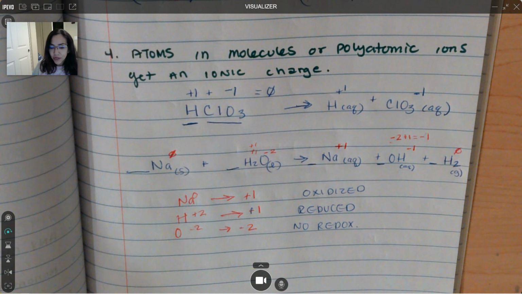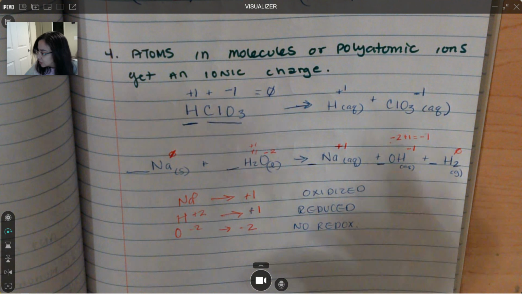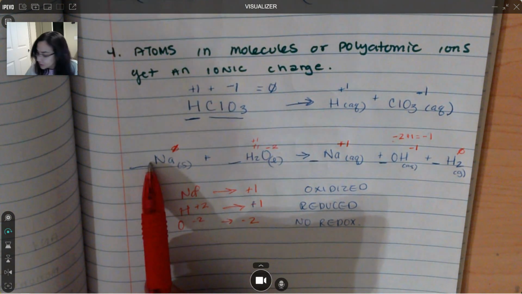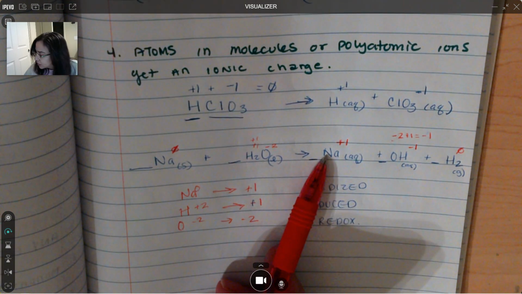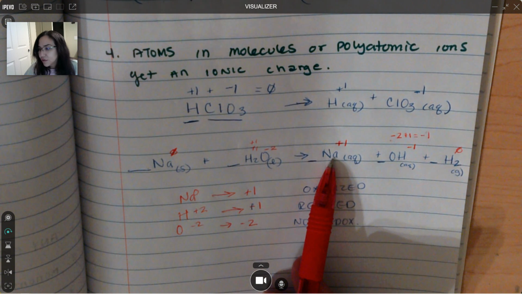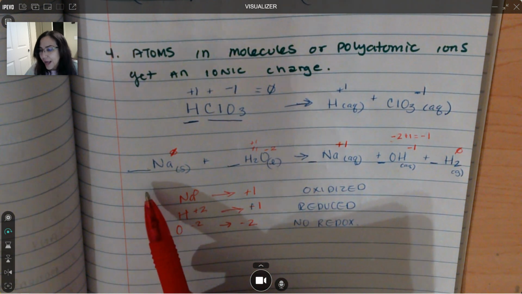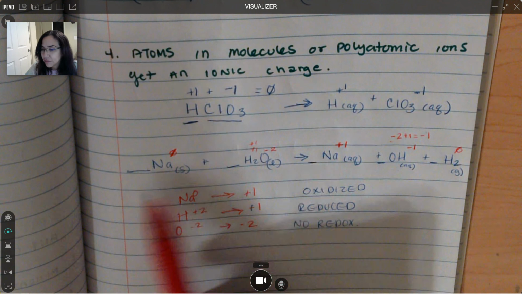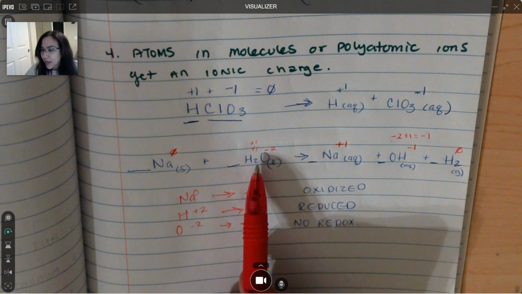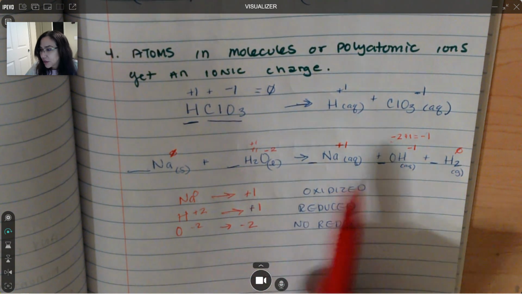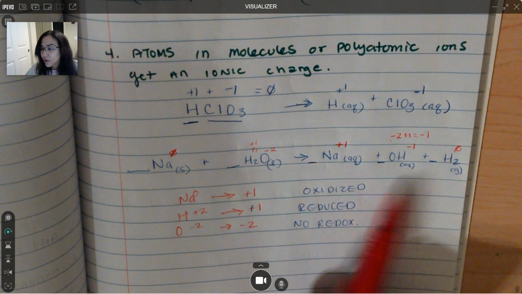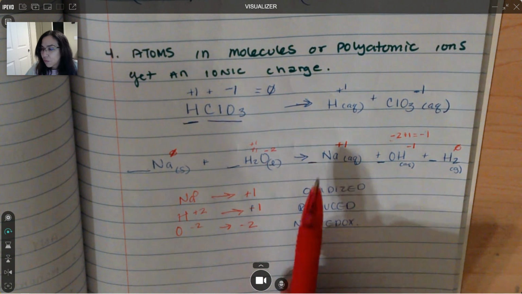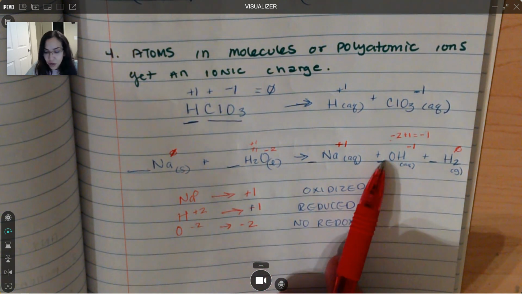The only thing we forgot to do with this one is balance the chemical equation. So we have 1 sodium, 1 sodium. I like to do the ones that are by themselves last because I could always make these numbers match. All right, let's look at hydrogens. 2 hydrogens here, but I have 3 on this side, right? One oxygen here and one oxygen there.